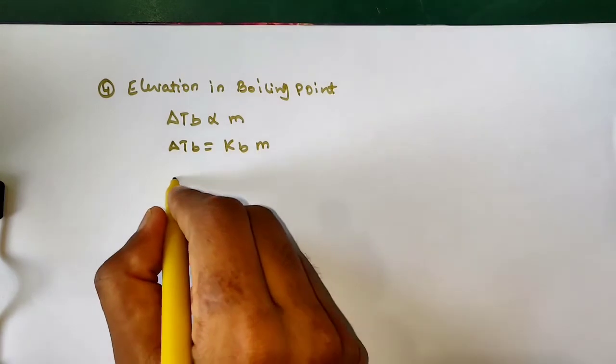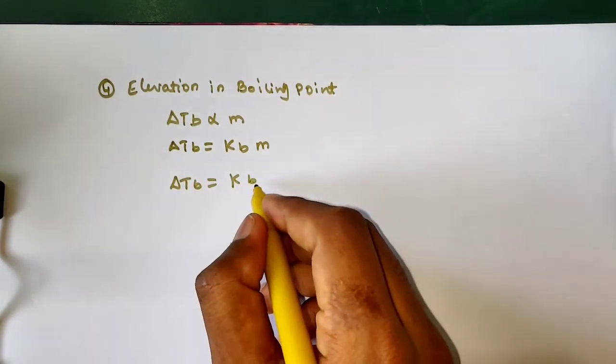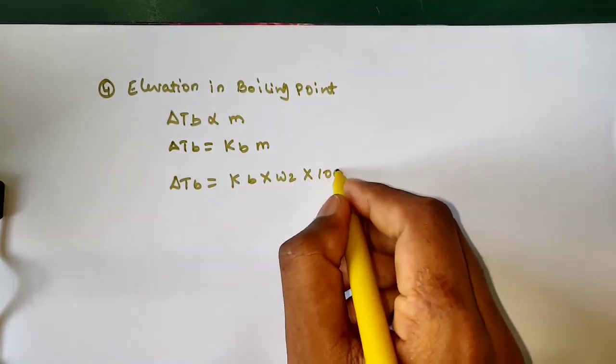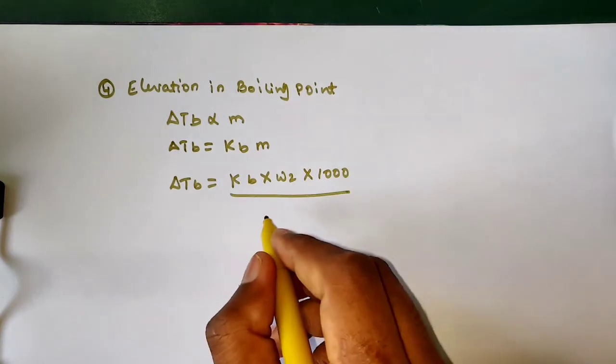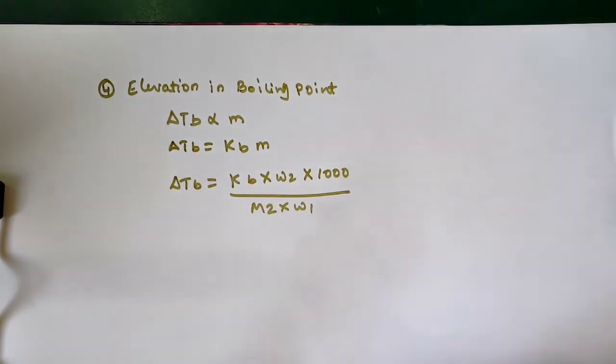We can substitute the value of molality, so that it is KB into W2 into 1000 upon M2 into W1. By using this, we can find out the elevation in the boiling point.